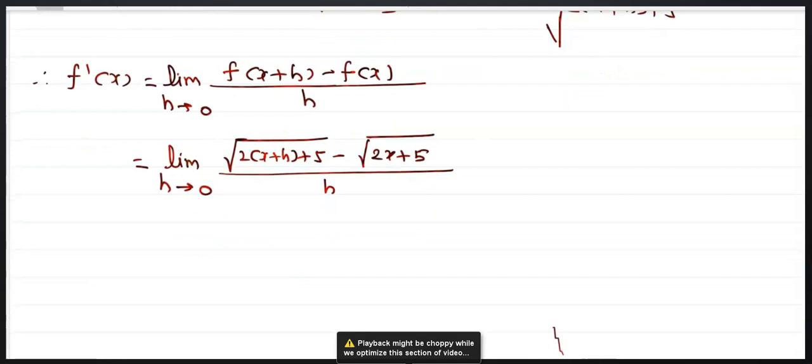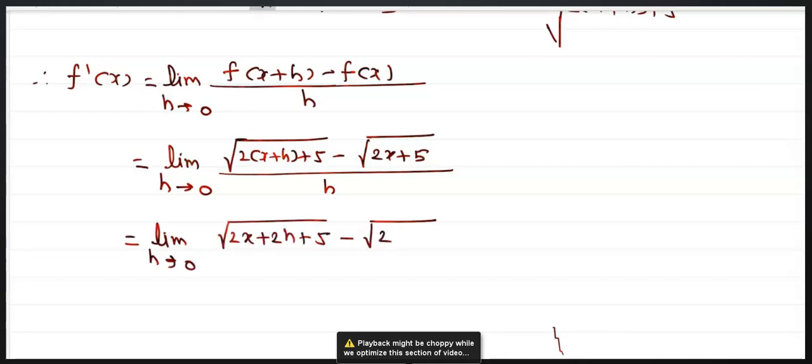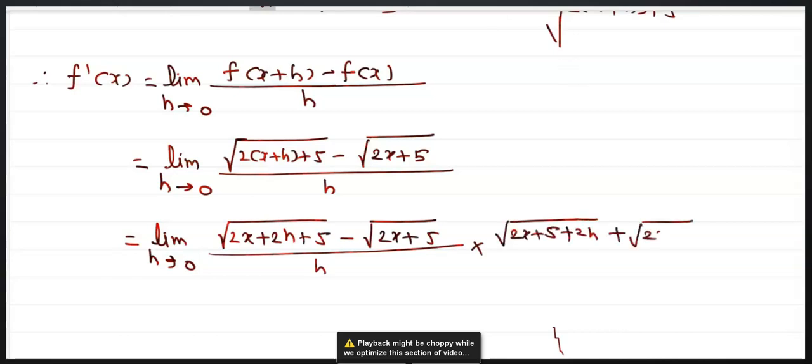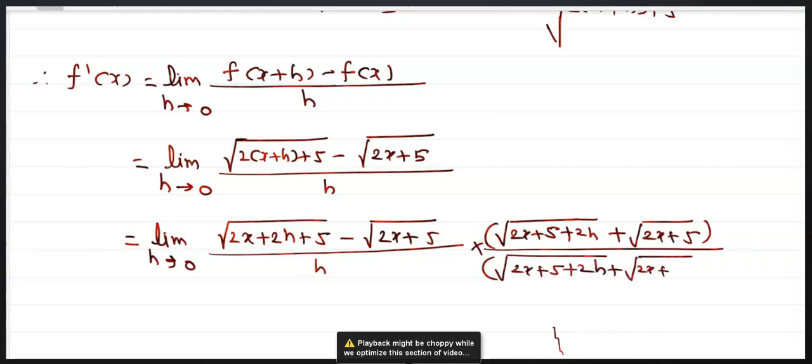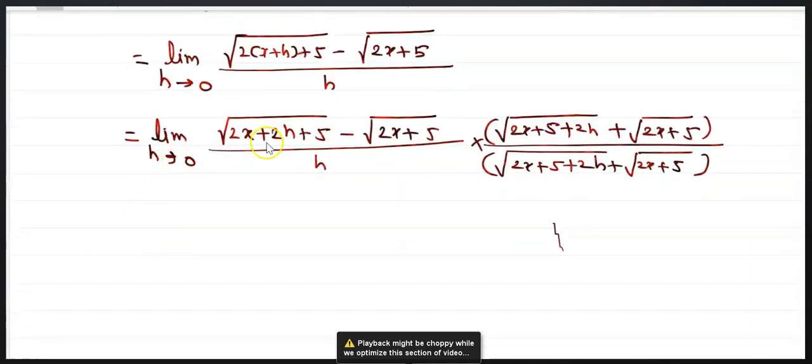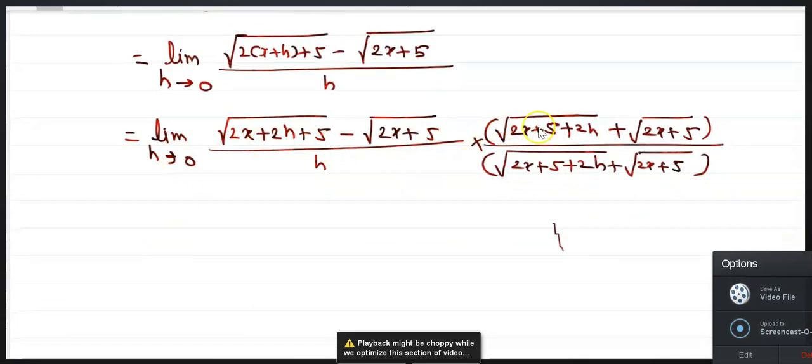Now simplify this. Multiply the numerator and the denominator by the rationalizing factor. See this, I will explain now. We multiply numerator and denominator by root of 2x plus 5 plus 2h plus root of 2x plus 5, upon root of 2x plus 5 plus 2h plus root of 2x plus 5. Then what will we get?